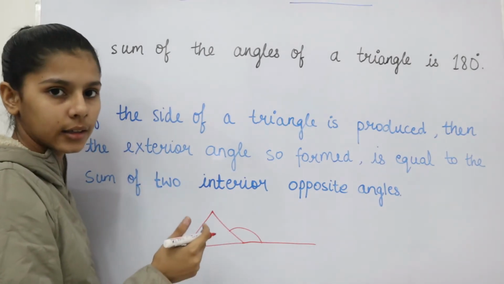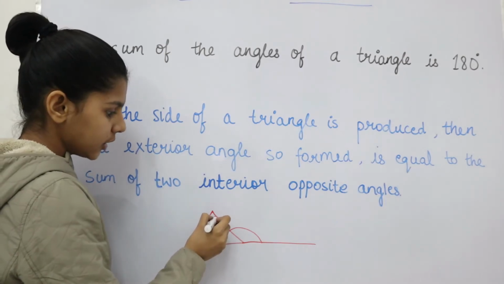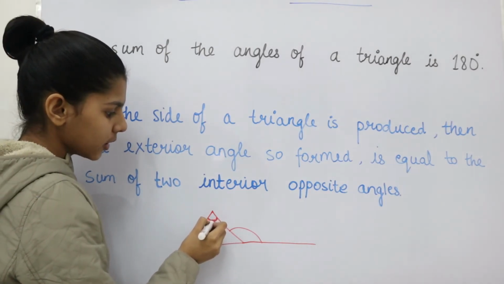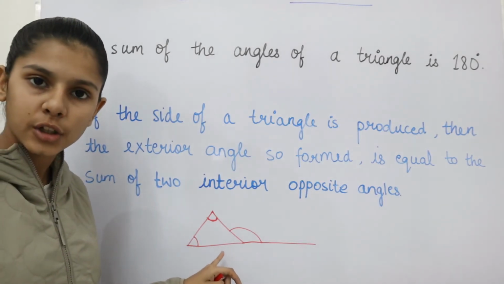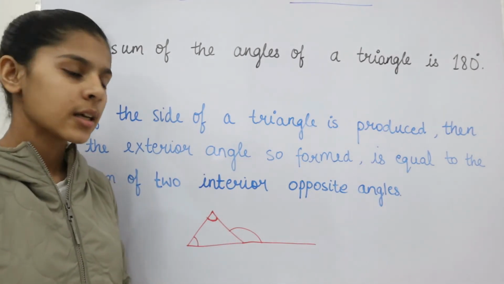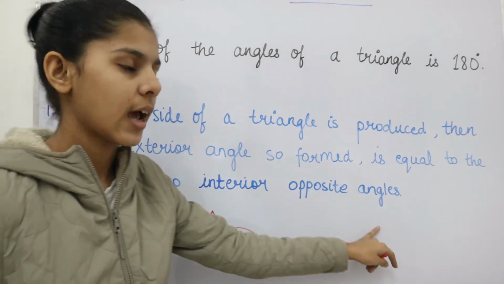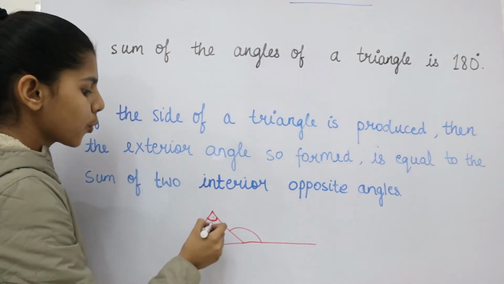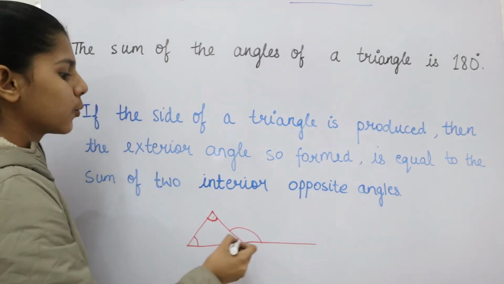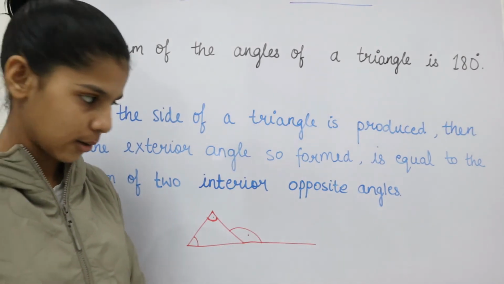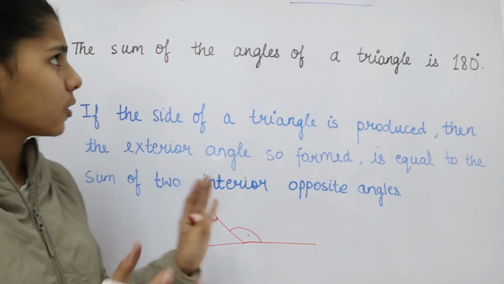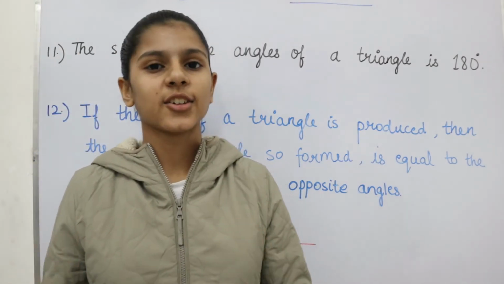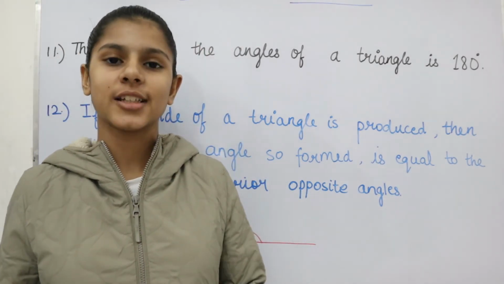Interior means inside the triangle. So the interior opposite angles are these two, which are inside the triangle and opposite to this exterior angle. The sum of both these angles will be equal to this exterior angle. This is the last rule of this chapter. We have discussed all the rules, so now let's do one last question for these properties.